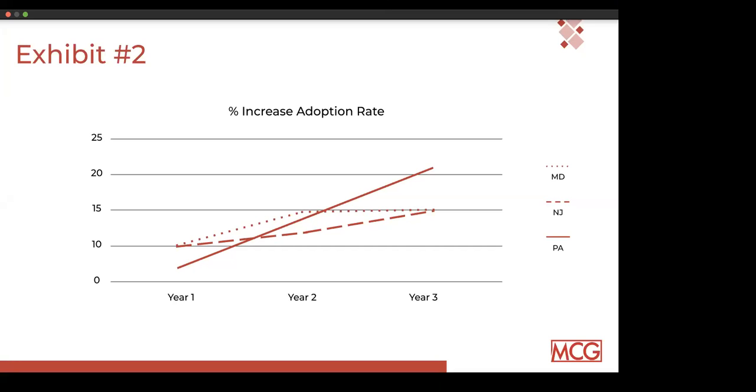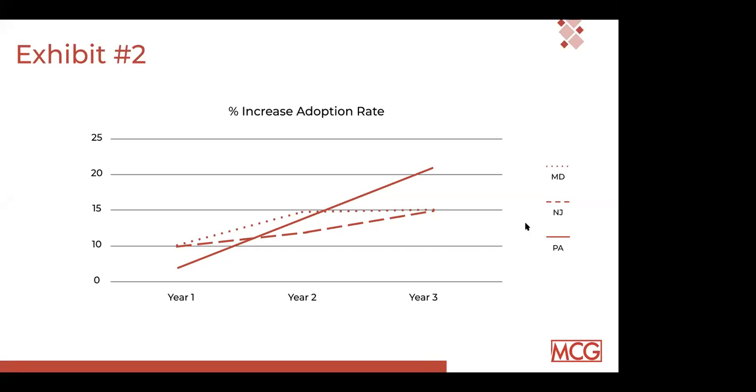Okay, so it shows the percentage increase in adoption rate for the telematics by Auto Drivers, and it roughly shows a linear percentage increase. So in Pennsylvania, over the 3 years, the increase was about 15%, from, let's say, 5% in year 1 to a little over 20% in year 3.